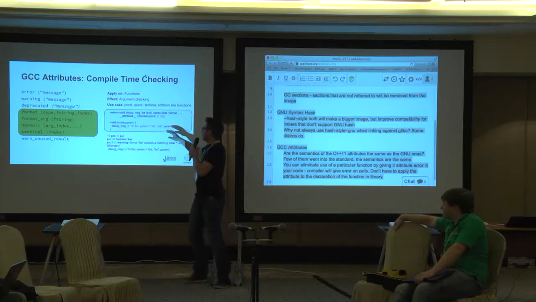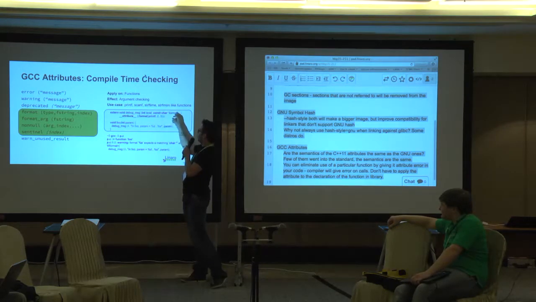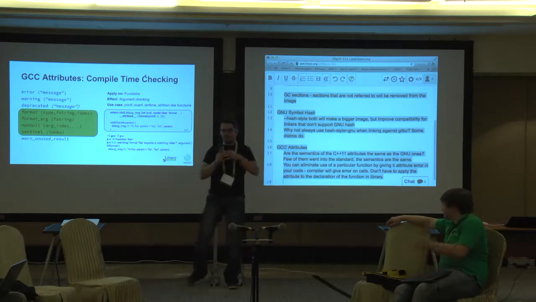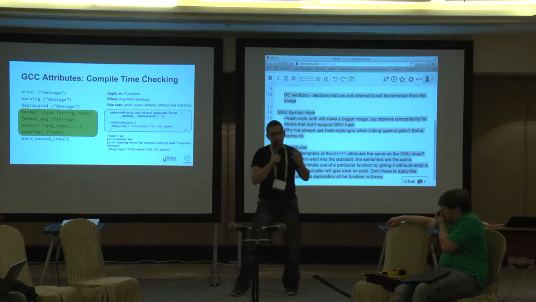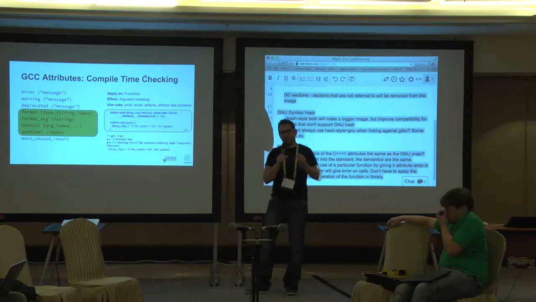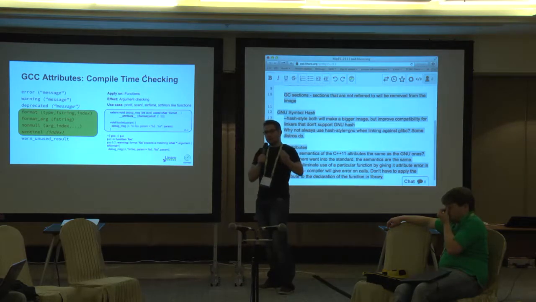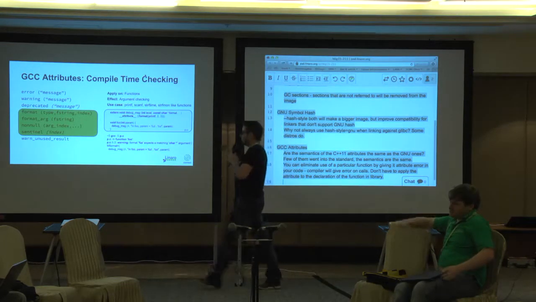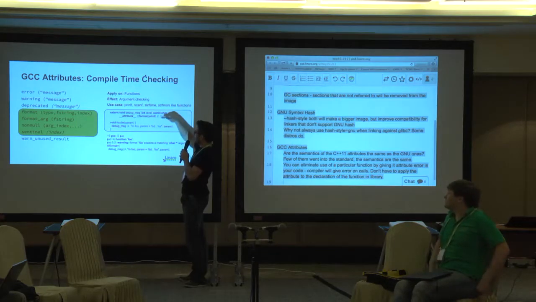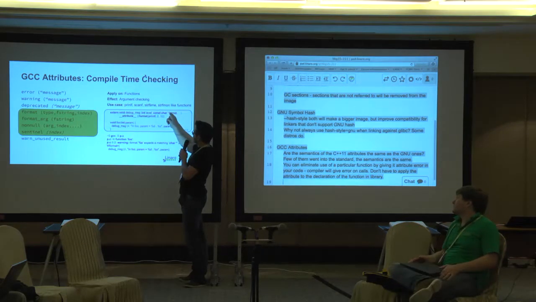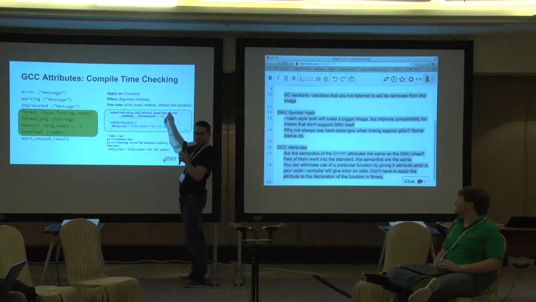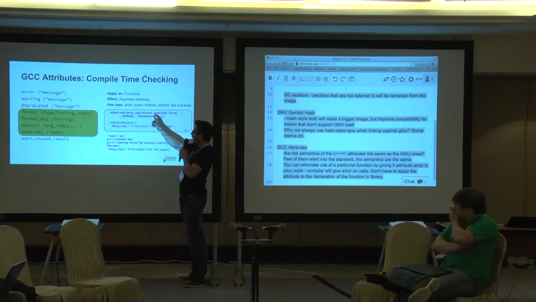If you don't use the attributes, when you have your format string, the compiler will not do any verification of the kind of arguments you passed to your function. With that kind of attribute, you add the information that this parameter is a format string, it will act as a printf function, and the arguments will start at the third argument.